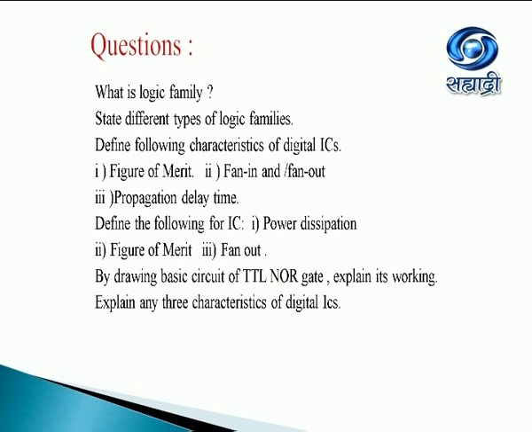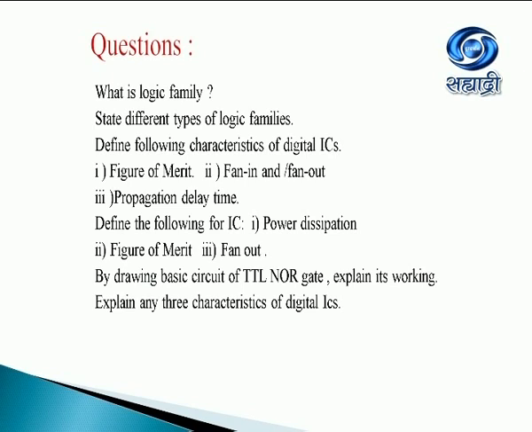Now, whenever you are drawing the circuit, my advice is draw the circuit and on the right side, as I have written, Q1, Q2, Q3, Q4, Q5, Q6 and their conditions for 0, 0, 0, 1, 1, 0 and 1, 1. From this, you can explain, because if the question is for 3 marks, you have to write at least 2 pages and all 4 conditions, and for all 4 conditions, how that particular circuit works.